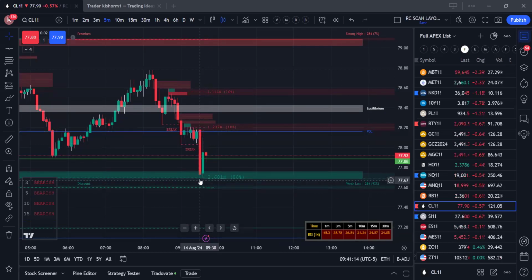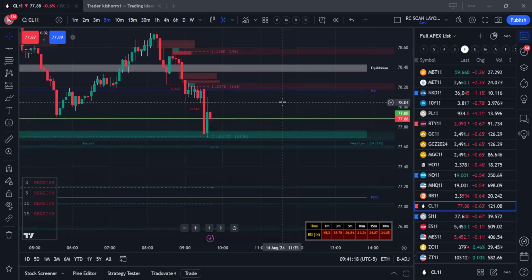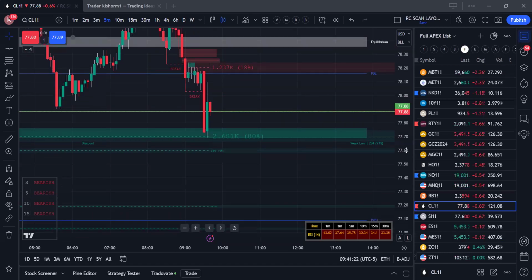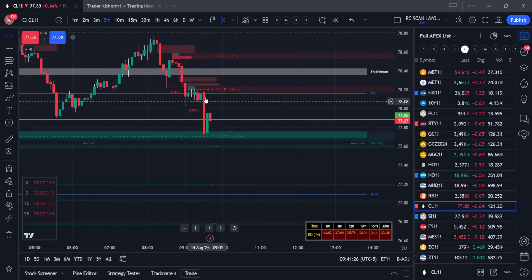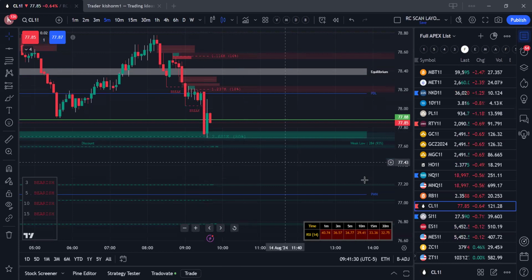It came all the way down. That's the buy order block. Yeah, nearly from all this way, it came all the way down.